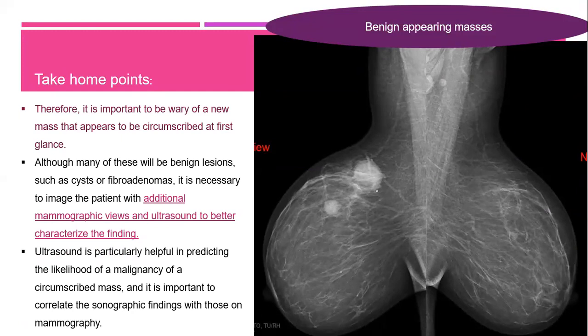And remember again, circumscribed lesions do not preclude malignancy. You have to characterize them further and make sure of the margins. As you know, ultrasound is very helpful in predicting the likelihood of malignancy and characterizing the lesions, and we have to correlate the ultrasound findings with mammography.